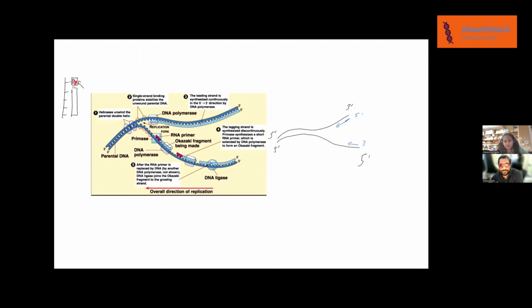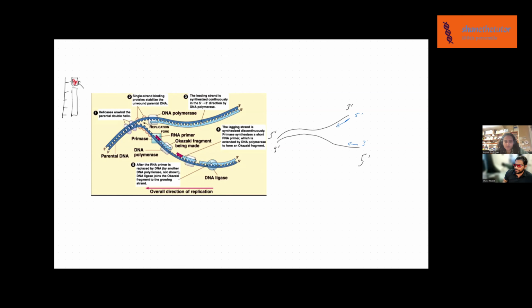Right? Is that right? Like the different polymerases, they're synthesizing them in the same direction? Or is it just one in one direction and the other in the opposite one? Oh, I'm forgetting. Yeah, so the leading strand is synthesized continuously in the 5 to 3 direction by DNA polymerase.